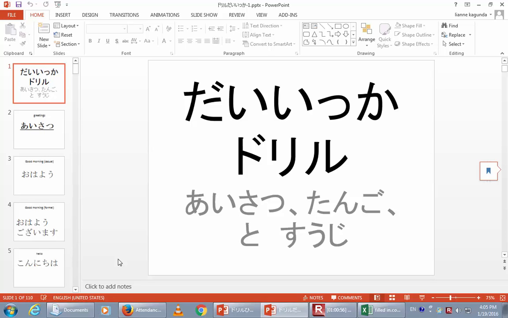Hachiju is 80. Ju is 10, right? 8 was hachi. Ju is 10, so 80. Yeah, the logic still works. Sanju, 30. San is 3, so 30. There you go.